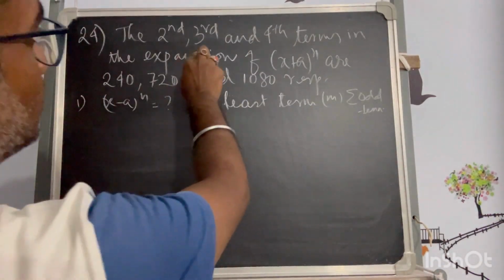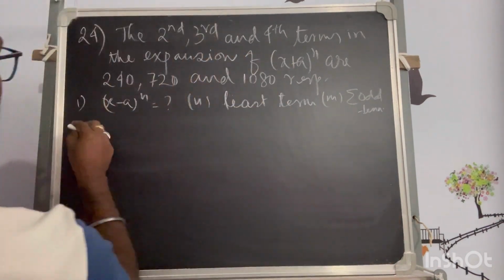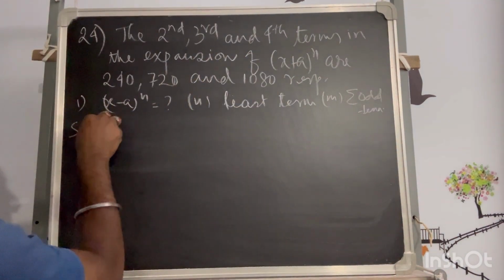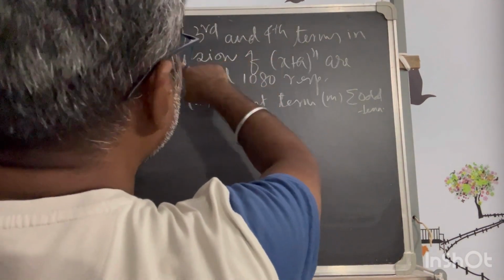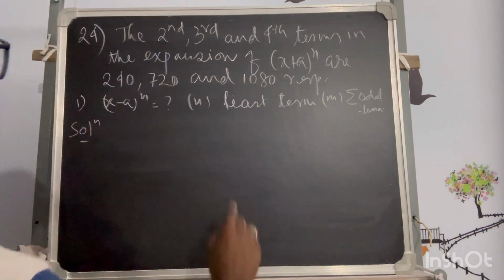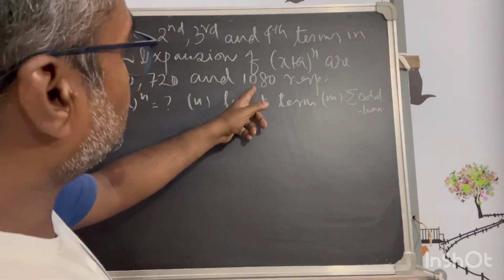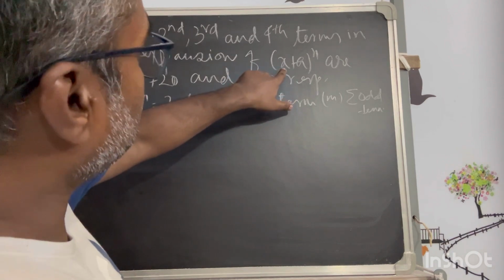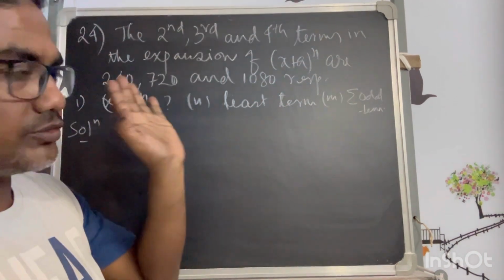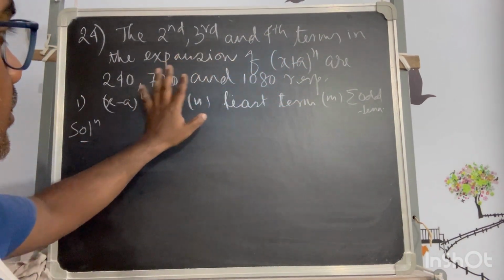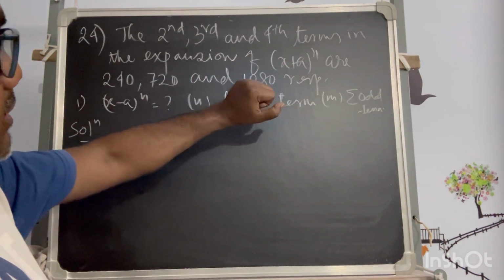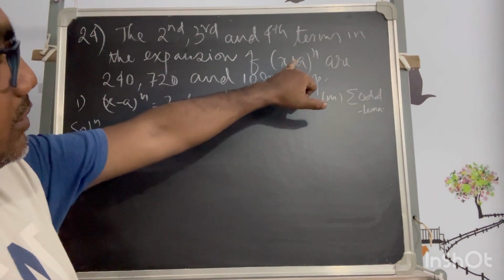But first things first, what we have to find first: the second, third and fourth terms of the expansion are given. So three values are given and unknowns are 1, 2 and 3. So definitely if I can get three equations, I can get all three.